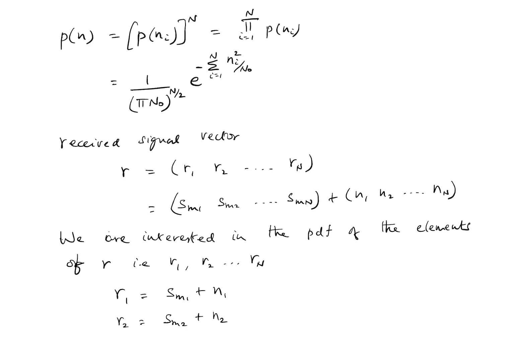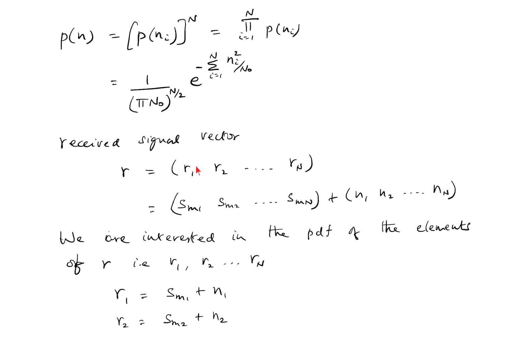And again, for that we use the fact that the transmitted signal is deterministic, the noise signal is zero mean Gaussian noise, and the received signal is the sum of the transmitted signal vector plus the noise signal vector, right? So the noise is zero mean with variance n naught by 2. The transmitted signal is deterministic, so therefore the mean of each element is itself.